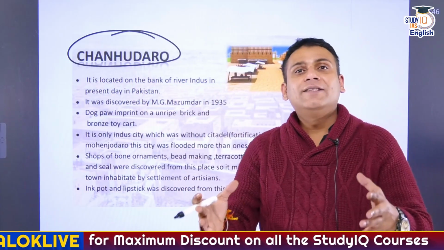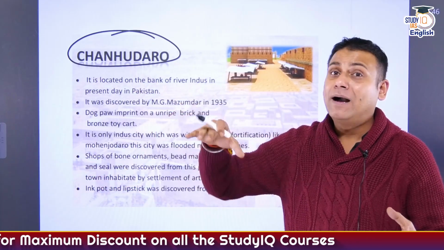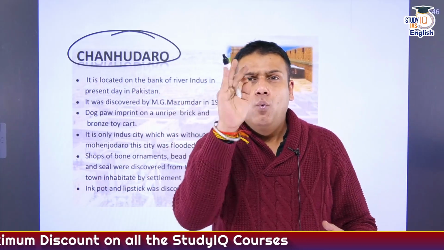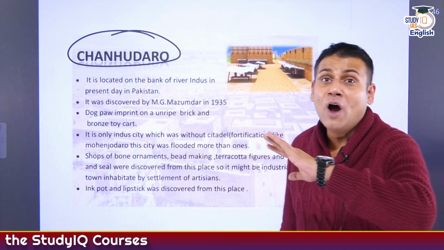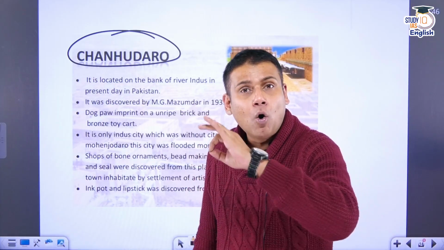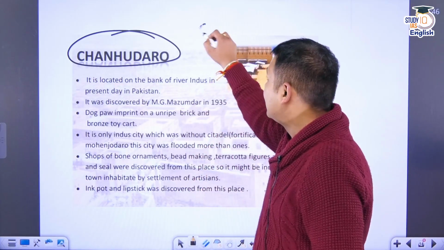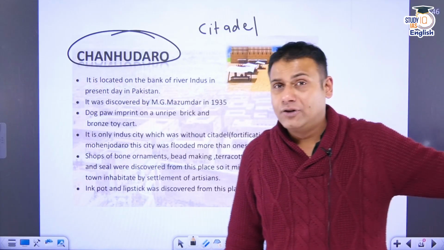It is an Indus Valley civilization site located on the banks of river Indus in present-day Pakistan. One very important fact. It is the only Indus Valley civilization site without a citadel. This site does not have a wall-like fortification referred as citadel. We had seen previously upper citadel and lower citadel in the previous session.